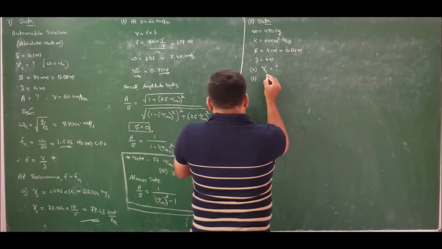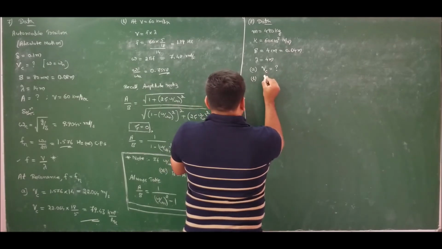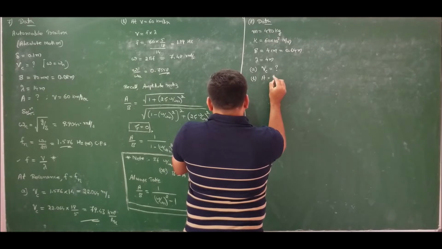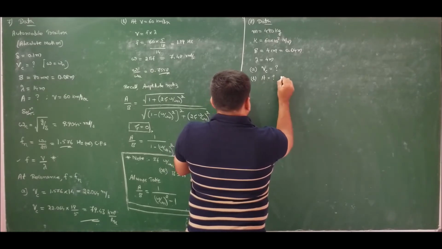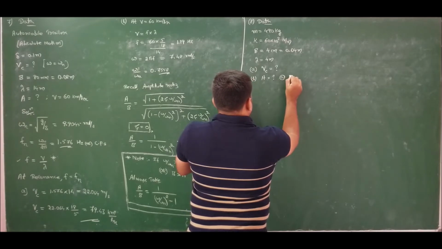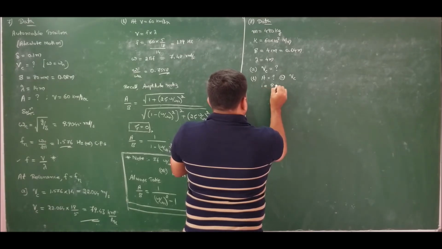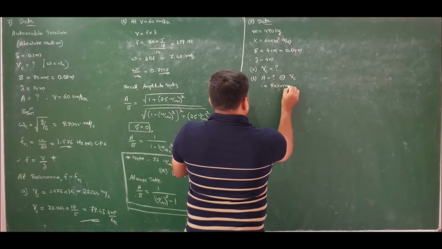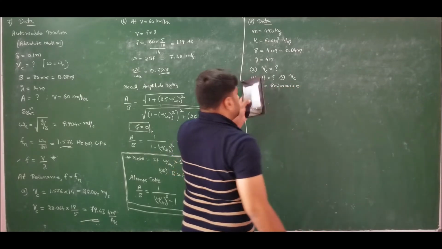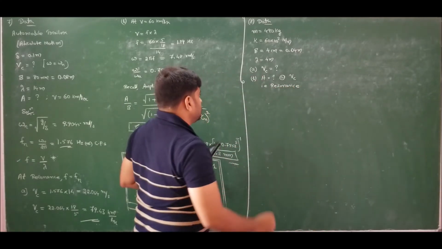B, the amplitude of the steady state motion of the mass when the vehicle is driven at critical speed VC, which means he is asking us to find it at resonance, which is nothing but the maximum amplitude of vibration.